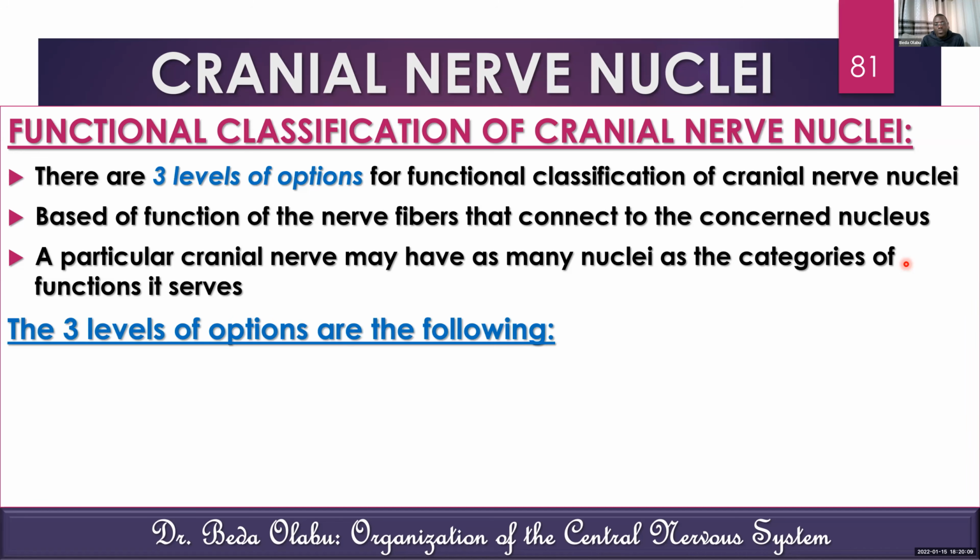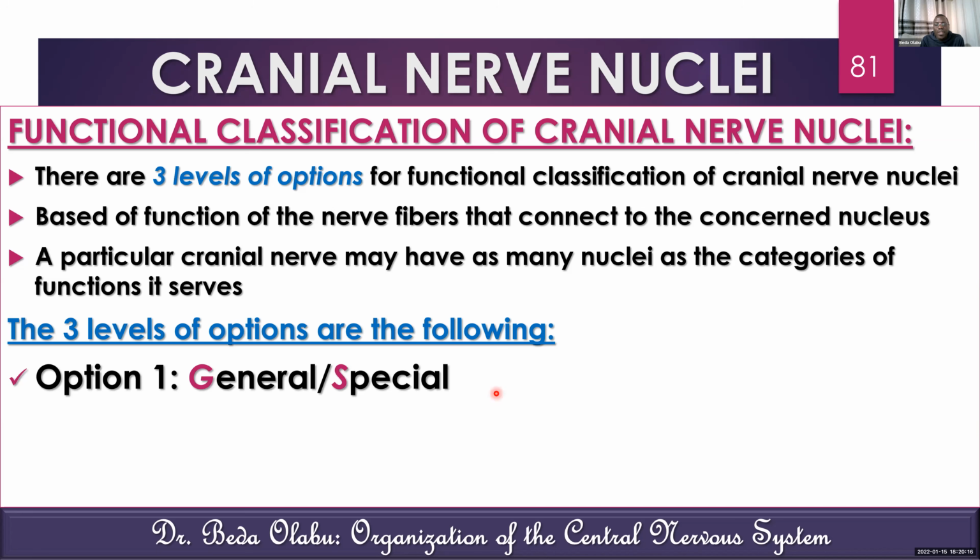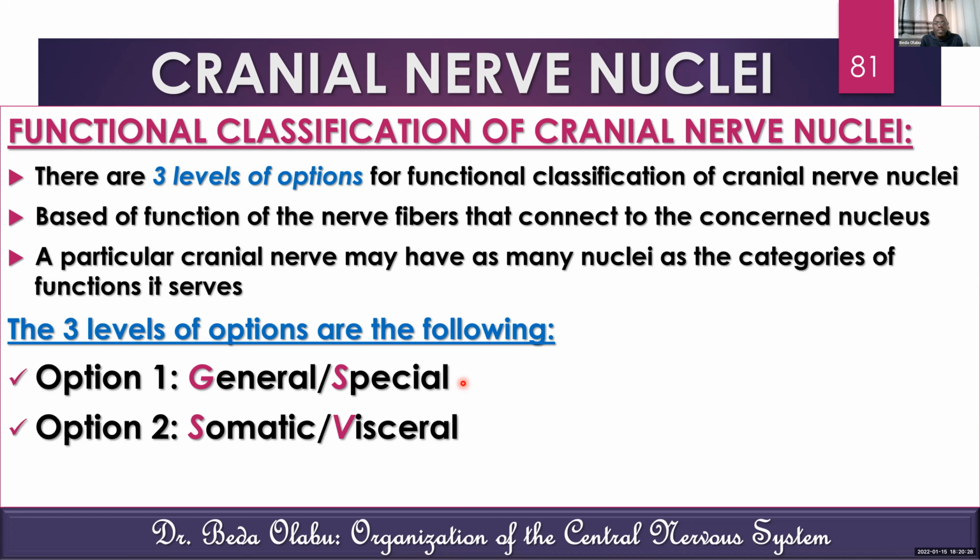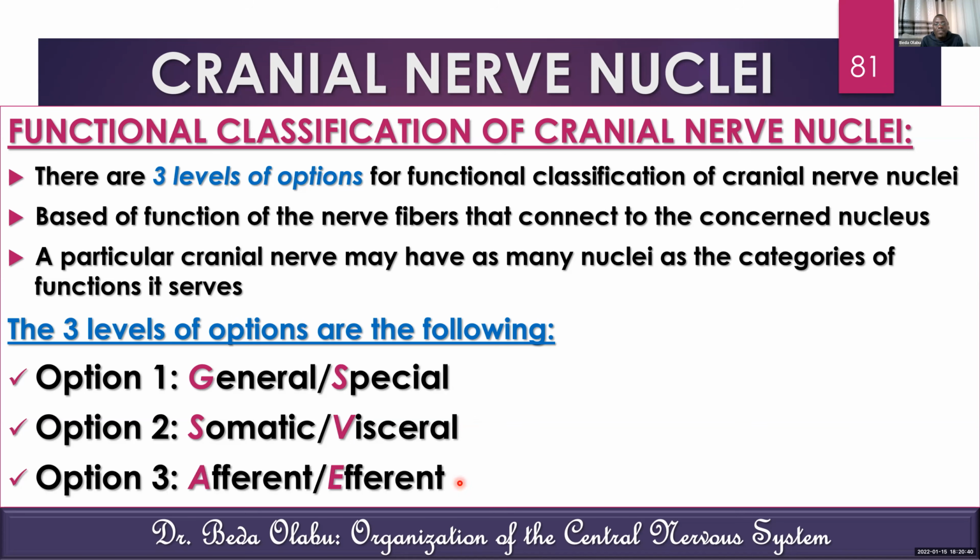Now, the 3 levels of options are these ones, and I'll take time to explain them. The first option is we classify a cranial nerve nucleus as to whether it's general or special. After we've done that, we'll classify the nucleus as to whether it is somatic or visceral. And then the third option is we classify the cranial nerve nucleus as either afferent or efferent.